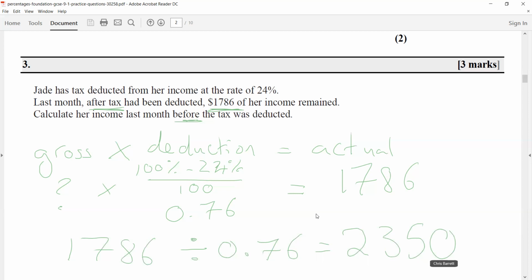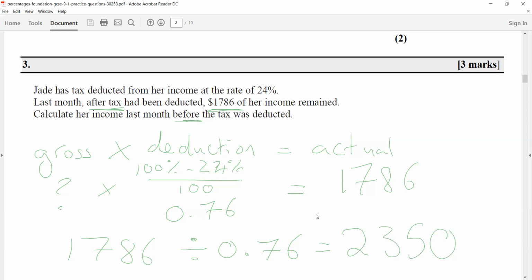So the gross amount of money, what she was paid before the tax was deducted, was 2,350. But then once those deductions have come in, she obviously ended up with that 1,786. Okay, so reverse percentages, if you write it out as you read it through, you can then see that actually it's not too bad really, in the sense that all we've got to do is just do the inverse rather than the normal method of multiplying to go through.